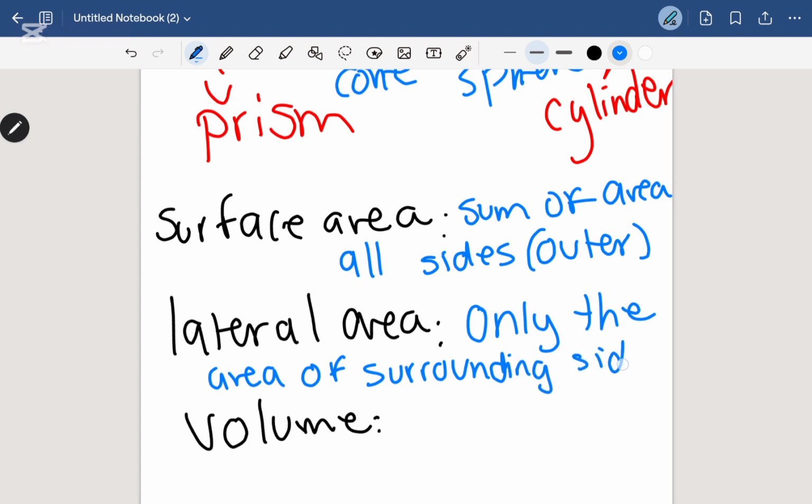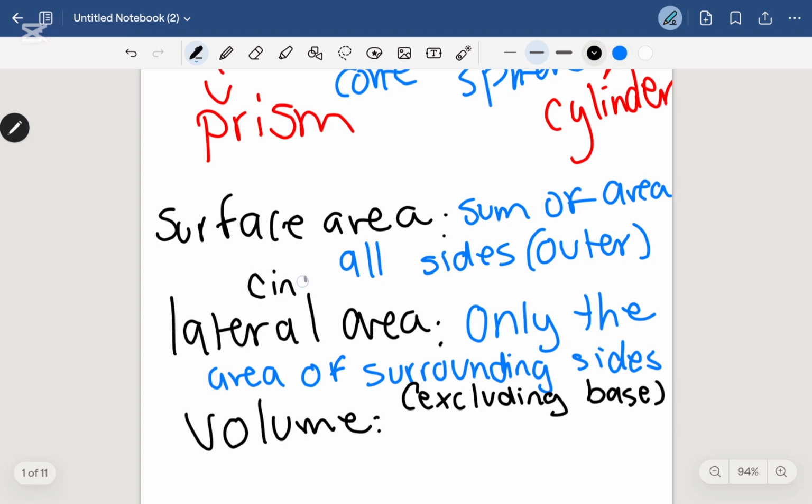Now, what does surrounding sides mean? It means excluding the base. So it is the area of all the sides except the base. All right, so again, surface area is the sum of all sides, including the base. Then lateral area is only the area of the surrounding sides, excluding the base.